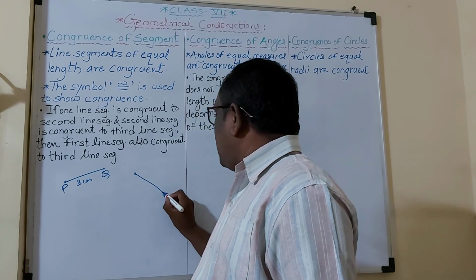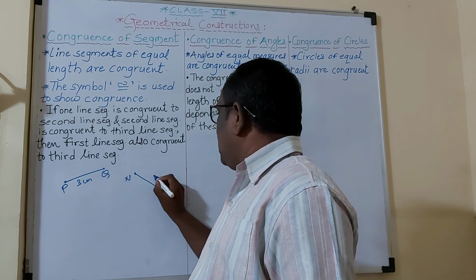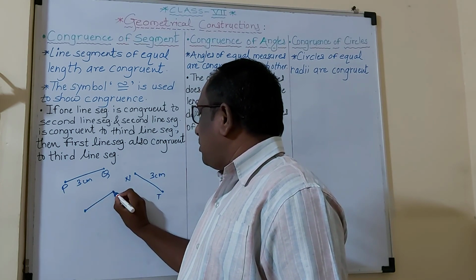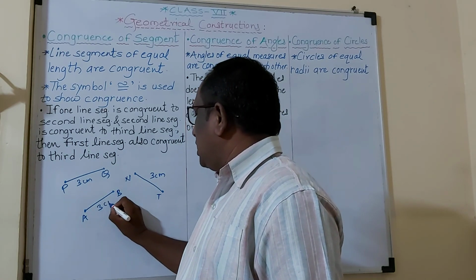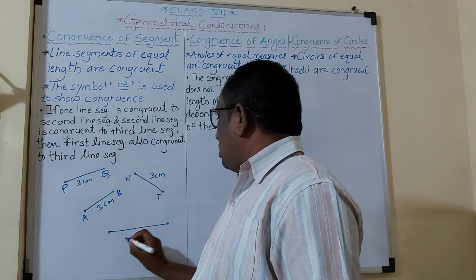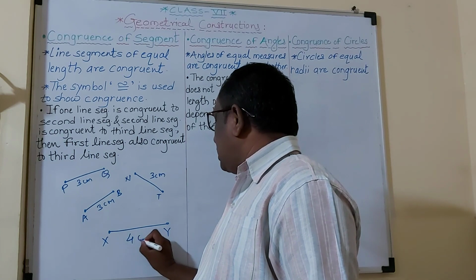Another line segment NT, 3 centimeter. One more line segment AB, 3 centimeter. And XY, that is 4 centimeter.